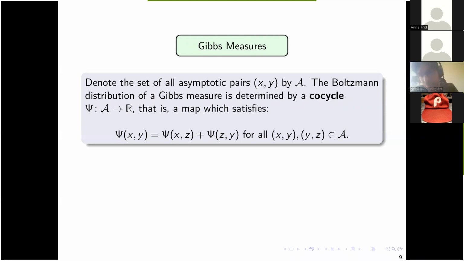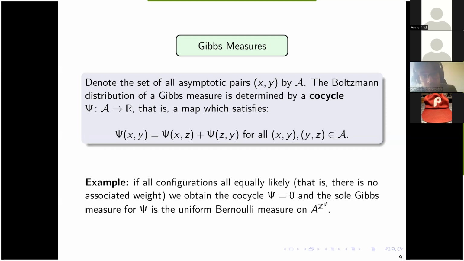That's a map from the asymptotic relation to the reals, which satisfies the usual cocycle relation, as a boundary relation on a graph. For instance, some very trivial thing: if all configurations are equally likely, I mean the weight function is 0, then I get the cocycle 0, which is the most boring one. And the sole Gibbs measure is the uniform Bernoulli measure on the set of configurations.